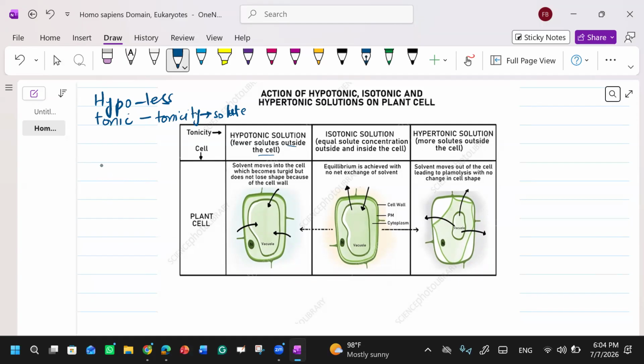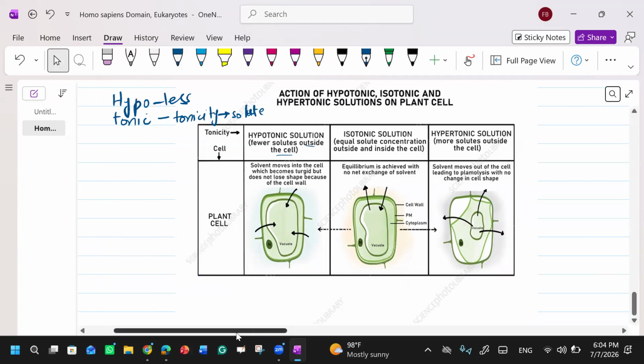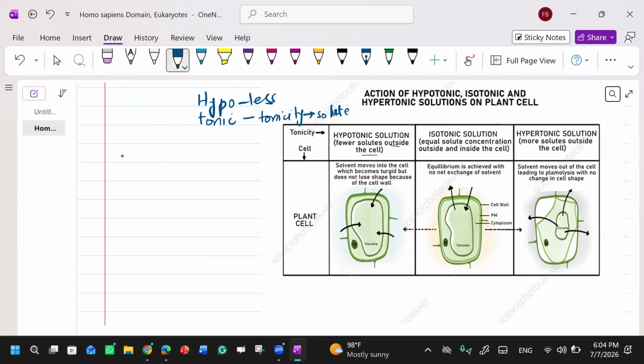Basically, firstly recall what is solute and what is solvent. Solute means anything which is in lesser amount. Like I told you, if you have sugar dissolved in water, which one is solute?